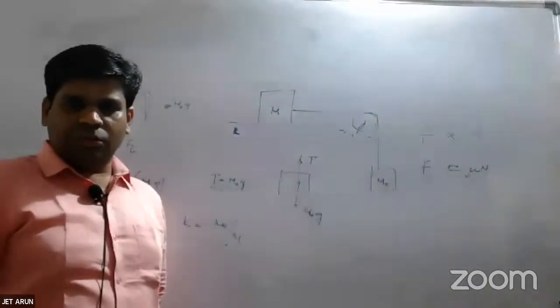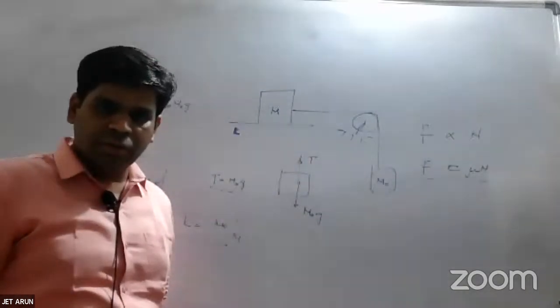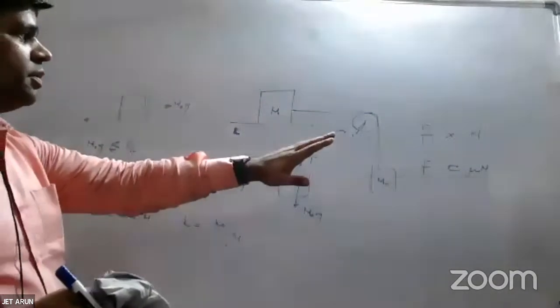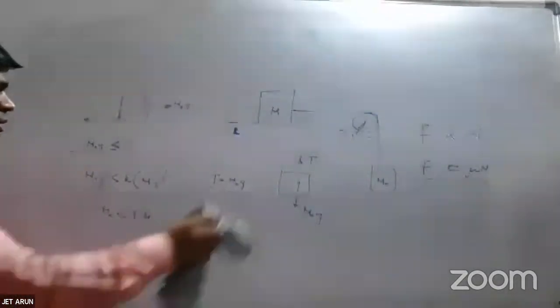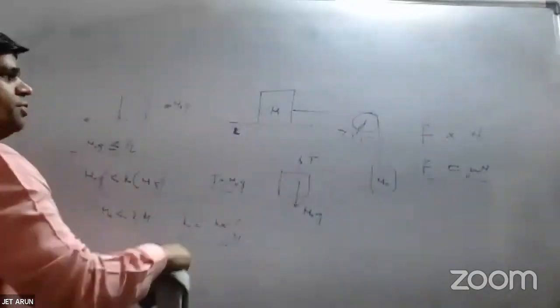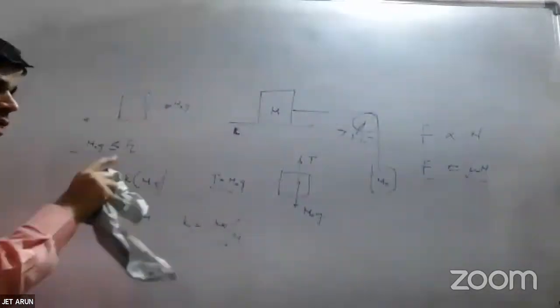If I change the surface, mu changes. With a plastic surface there is one mu, with a rubber surface there is another mu. So that's the characteristic of the surface.